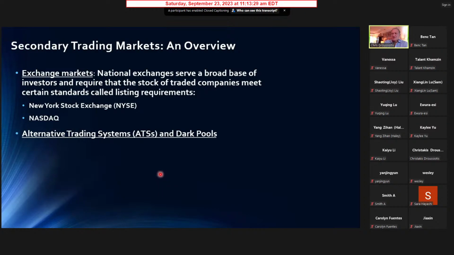There is a clearing house. There's a third-party intermediary with all the investment banks. And their job is to find the buyer and the seller of those trades. Some of the exchange markets are national exchanges, like the New York Stock Exchange and NASDAQ. NASDAQ used to be over-the-counter.